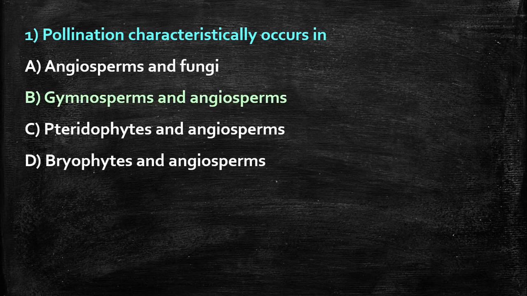The answer is B, gymnosperms and angiosperms. Pollination characteristically occurs in gymnosperms and angiosperms because there are no pollen grains and stigma in other divisions like pteridophytes, bryophytes, and fungi.